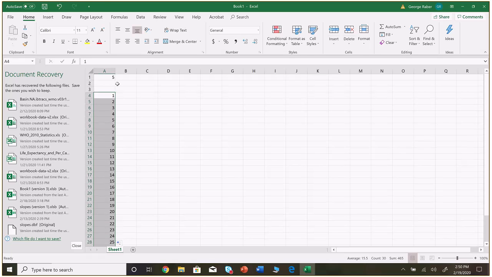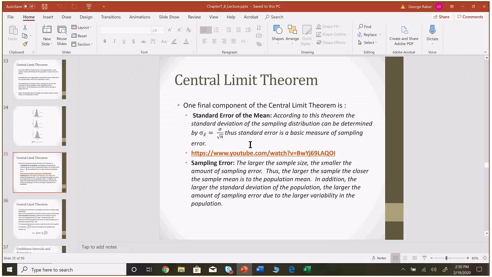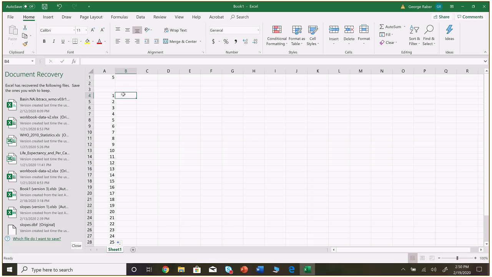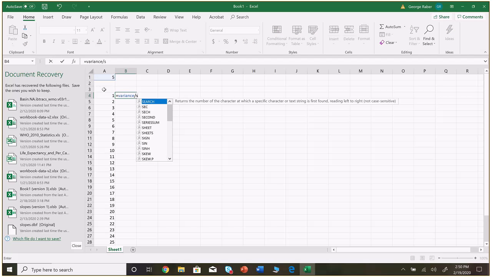If that's the variance, then the standard error of the mean, in other words how far off the mean will be, is going to equal that divided by the square root of that.